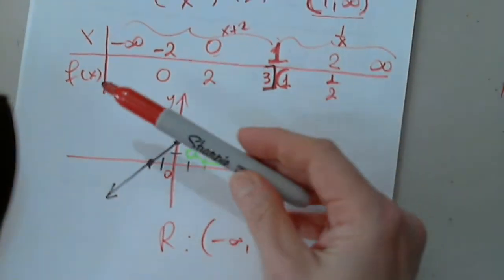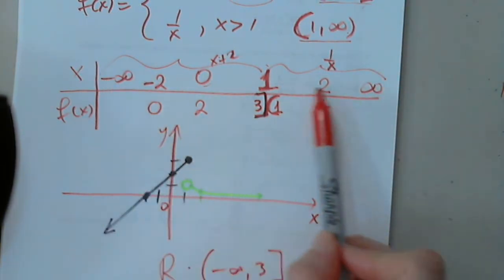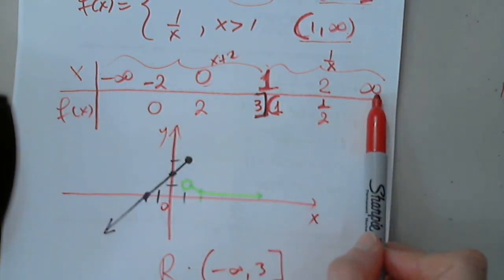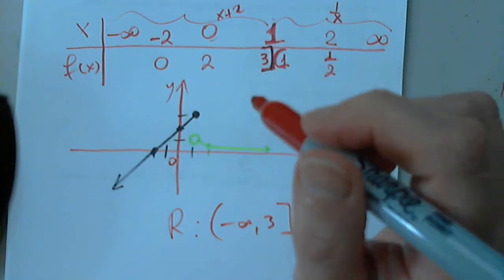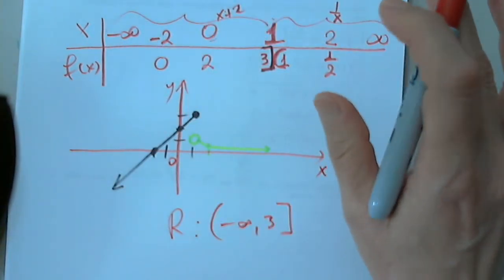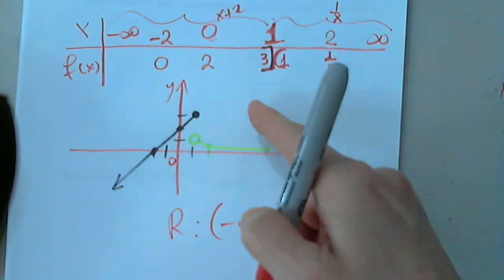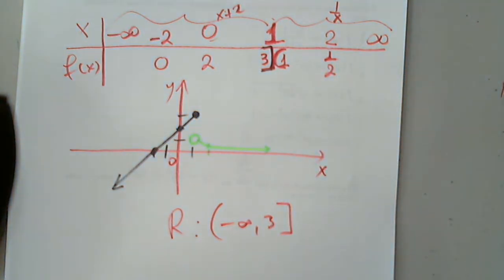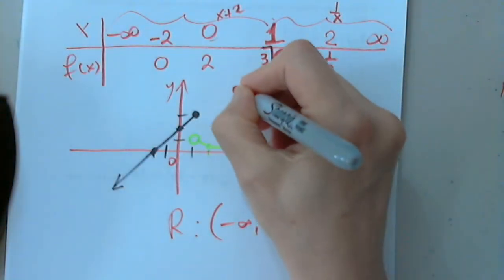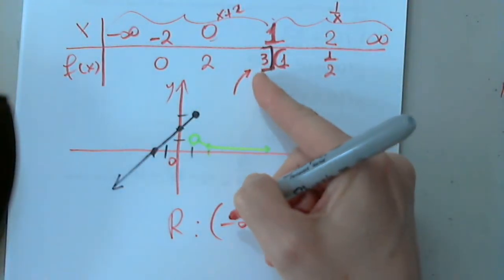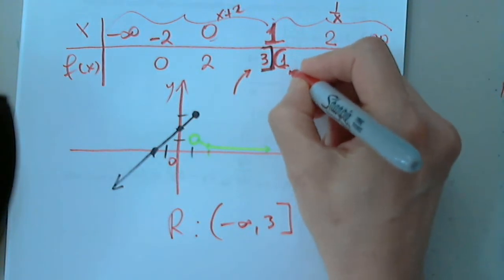You don't have to write the domain again because I see it in your table. So learning this procedure is extremely important because in chapter 2, which no one has started, and our first test is a week from Sunday, so I'm a little worried about it. This will tell you the limit from the left, and this will tell you already the limit from the right.